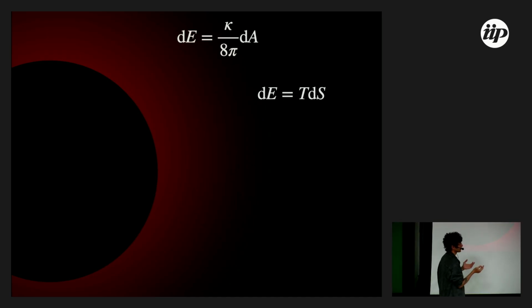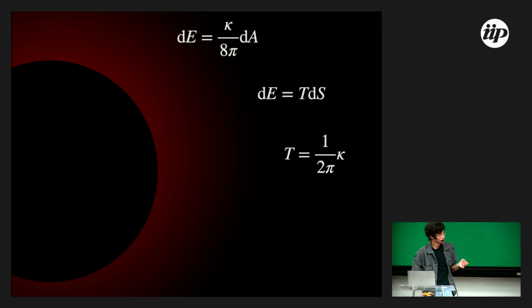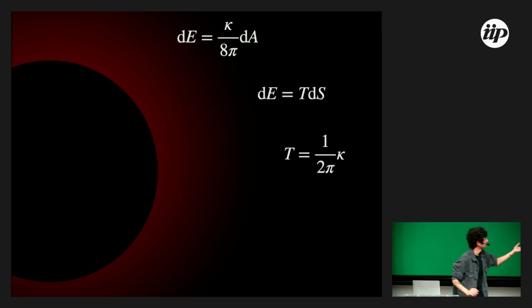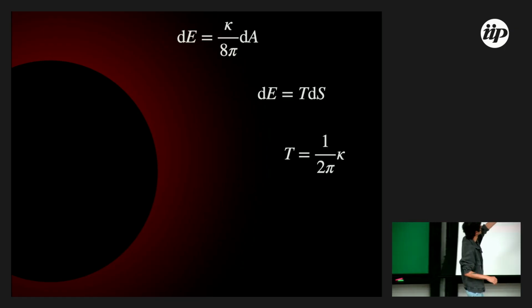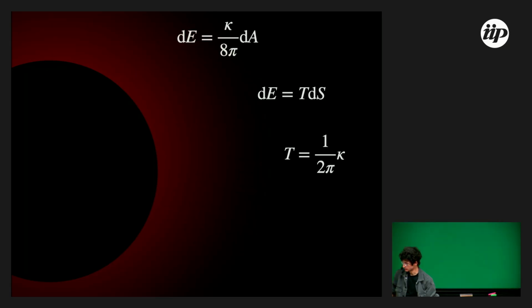So if the second law of thermodynamics is not violated, the increase of this area must correspond to an increase of entropy of the black hole to compensate for the disappearance of your kettle that you threw inside. So the area of the black hole should be related to its entropy. And by analogy, this coefficient, this kappa, should correspond to the temperature.